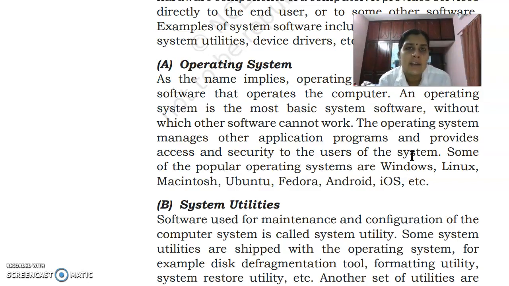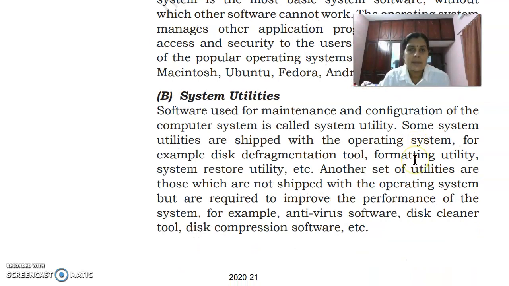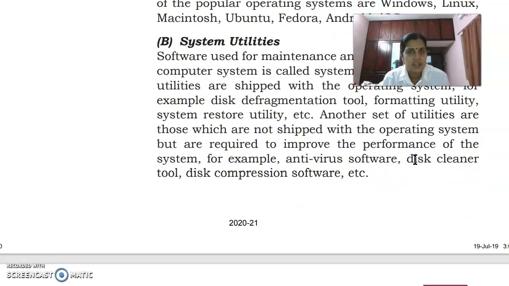In computers and mobiles there are lots of security mechanisms. You have heard of end-to-end encryption mechanisms or firewalls. They are provided by the operating system. So the operating system is an example of system software. As the name implies, by using an operating system, a computer can be operated.